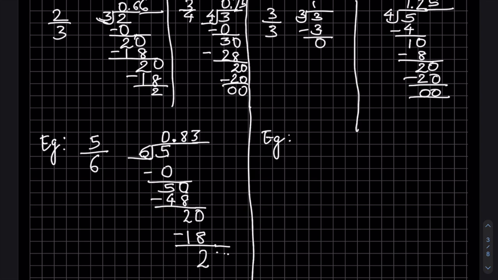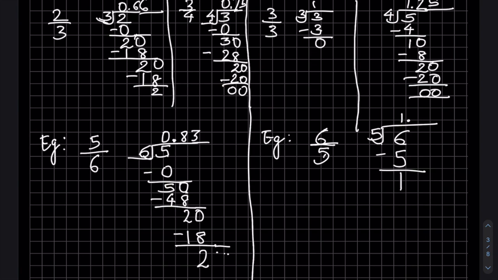We have seen that the numerator is bigger than the denominator, so I take the numerator as 6 and the denominator as 5. So when I take 6 over 5, 6 is the numerator which is being divided by the denominator 5. In the 5 table, you don't get 6, but a smaller number than 6 is 5 ones are 5. 6 minus 5 is 1.